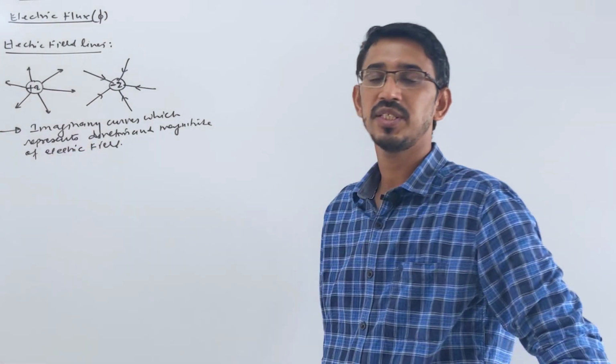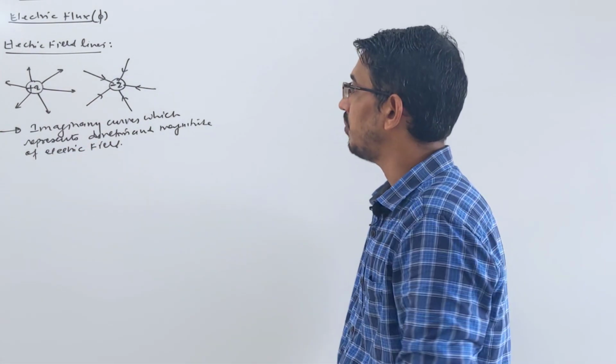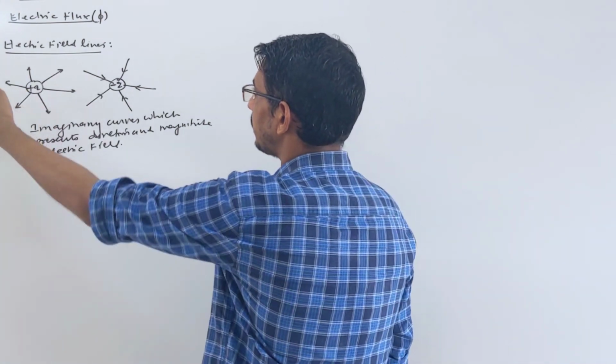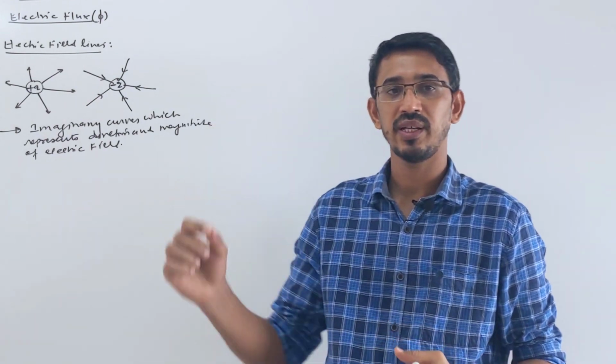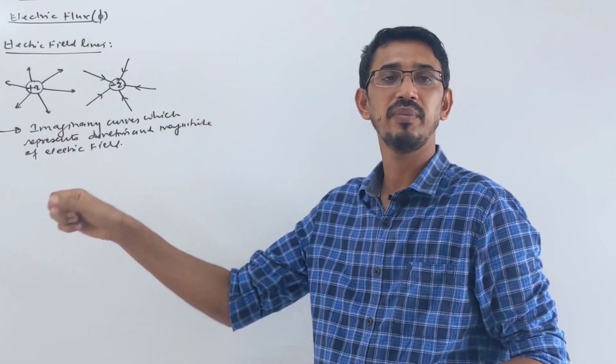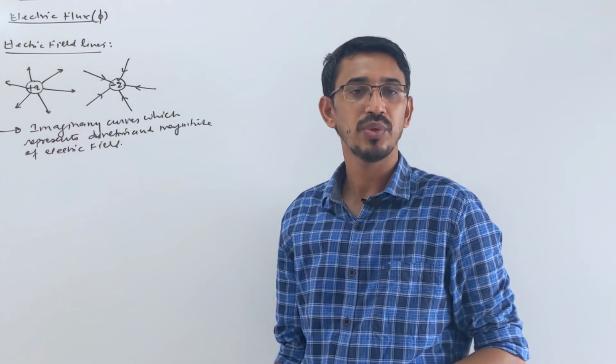These are just imaginary curves, but that's a very important thing. In an electric field, field lines start from a positive charge and end at a negative charge. This we know. But they don't return back, they don't go from the negative charge to the positive charge.